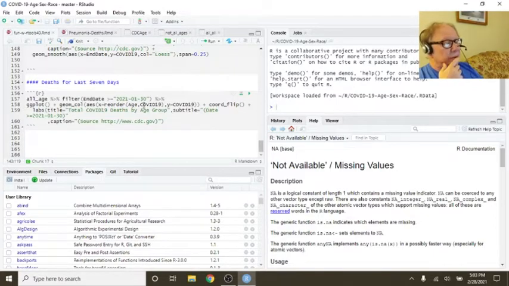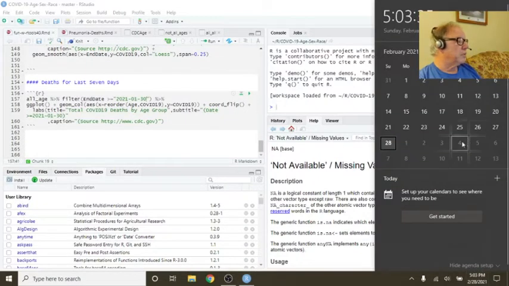For the last 7 days, the report would have been the 20th. So we're looking for anything after 2-1.